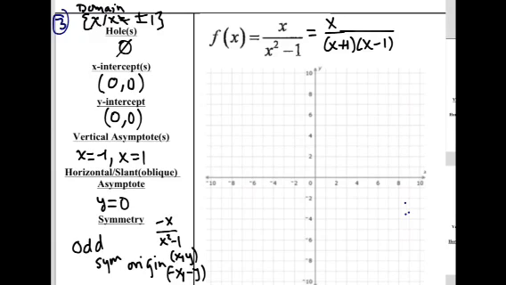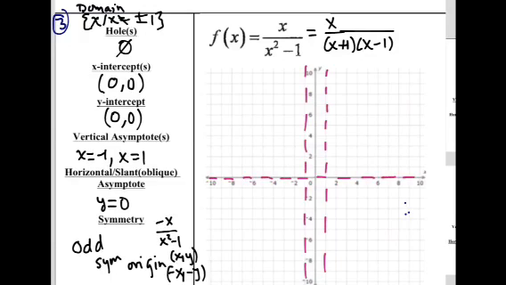Okay? So let's go ahead and draw the asymptotes. Y equals 0. X equals plus or minus 1. Okay.